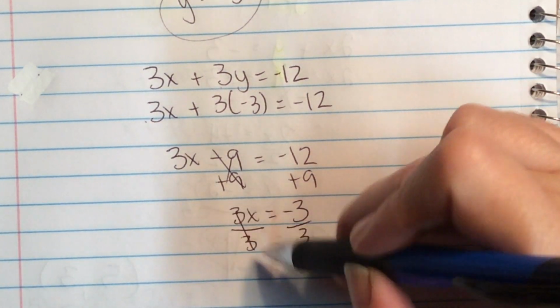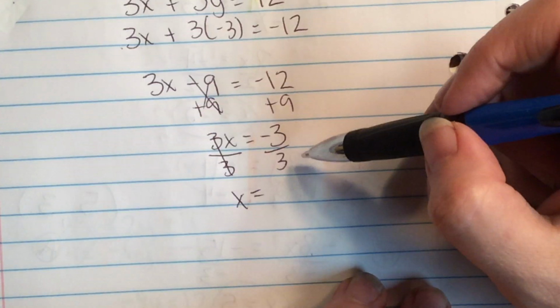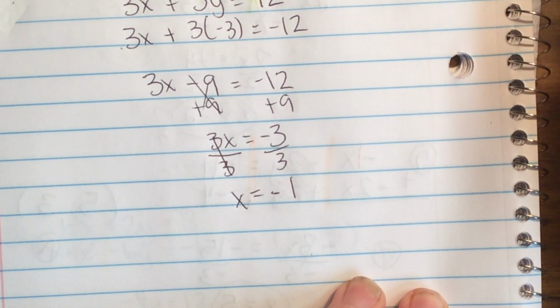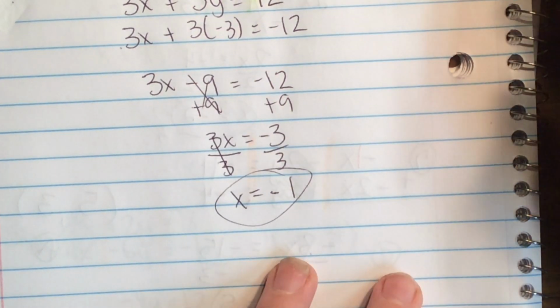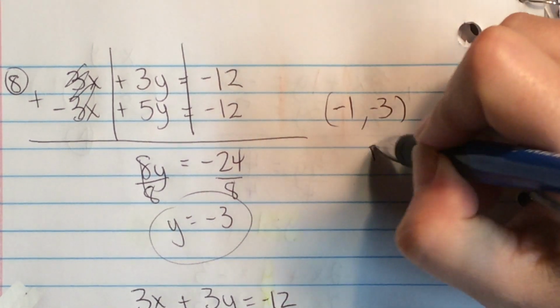And then we divide by 3. And -3 divided by 3 is -1. So we have our two solutions. X is -1 and y is -3, which is B.